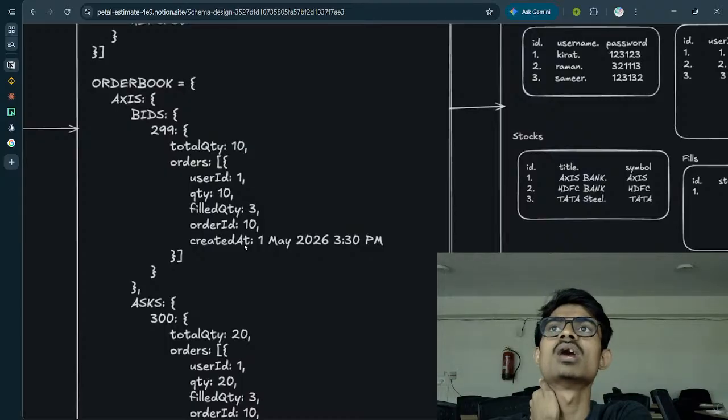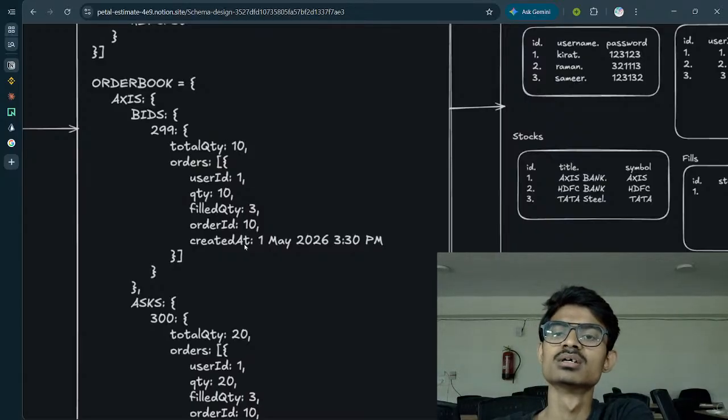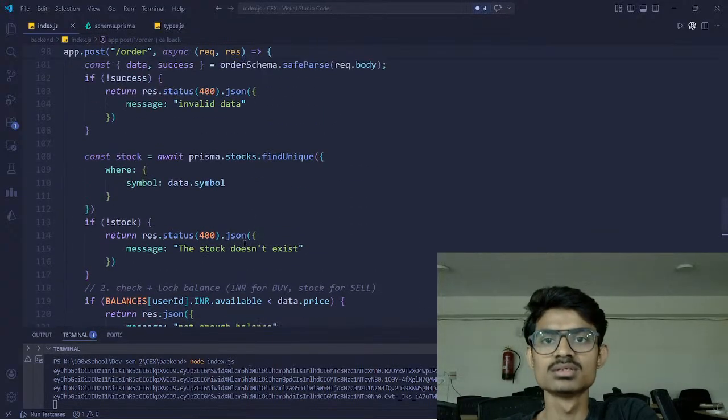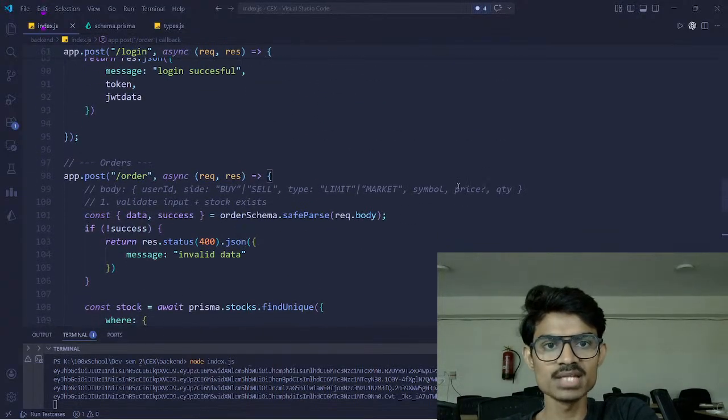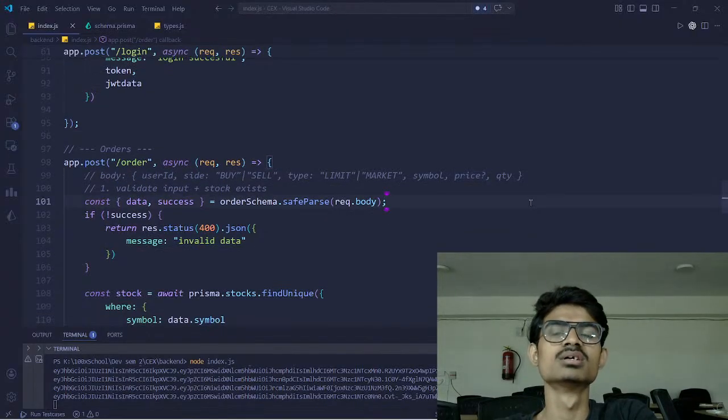So let's say, how would I bid? I would say I want 10 SOL with 80 USD per SOL. That's how I would say, right? So my question is, would the price here be per stock price or total price?